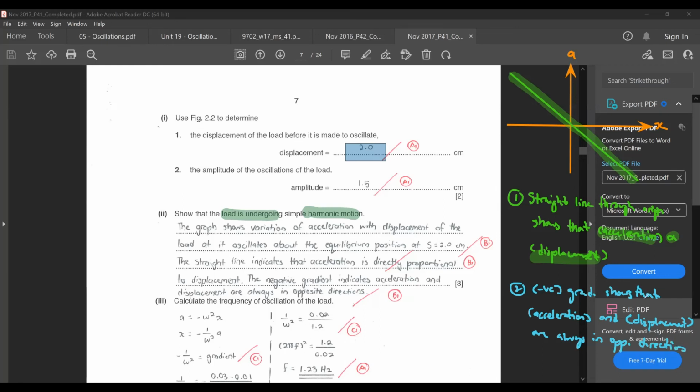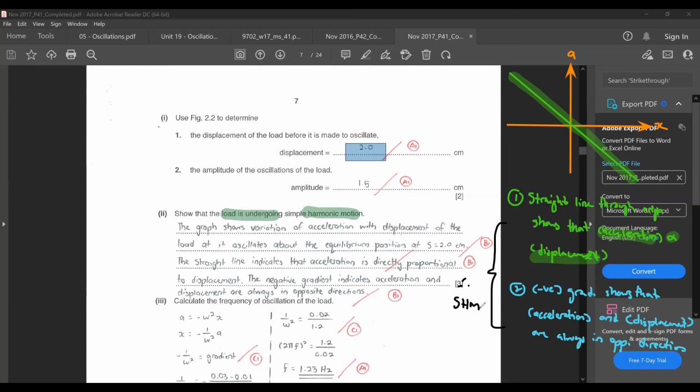Okay, so in the form of a diagram, these are the two things that you tend to look for. See there is a straight line, see there is a negative gradient. So from here you can then conclude that therefore it's simple harmonic motion.